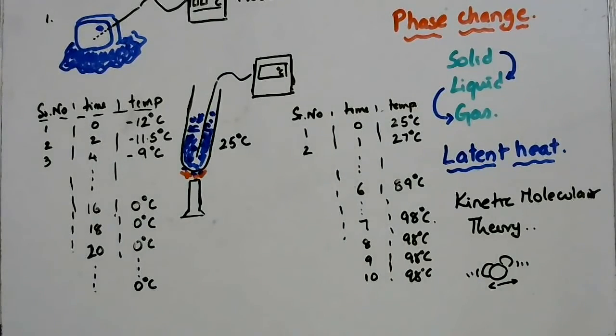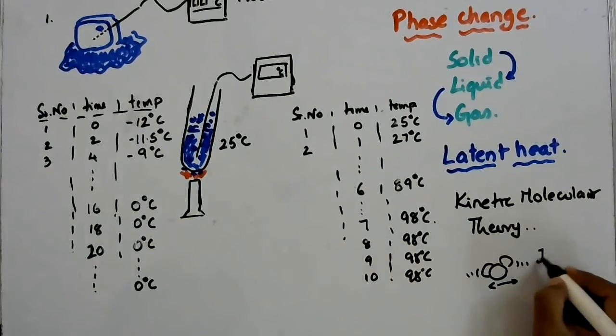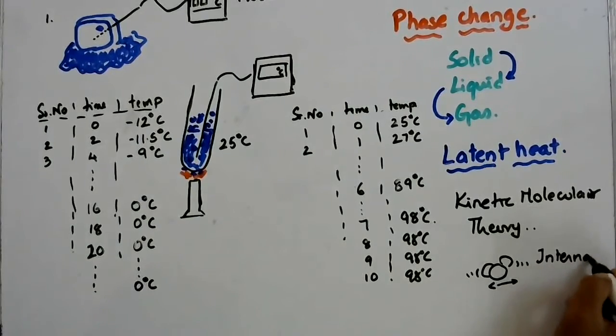Okay, so this vibration is what accounts for the internal energy of the object. Providing heat from external sources or loss of heat from the object to outside increases or decreases the internal energy.